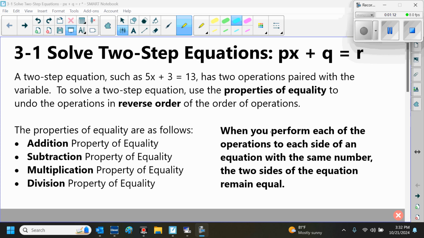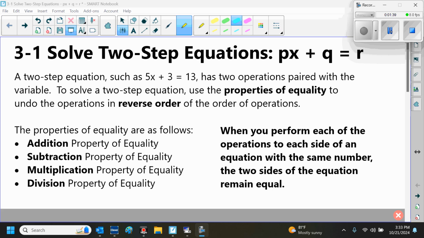Okay, so when you perform each of the operations to each side of an equation with the same number, the two sides of the equation remain equal. That is what the properties of equality mean. Now, when we use these properties, we are using inverse operations to isolate our variable.